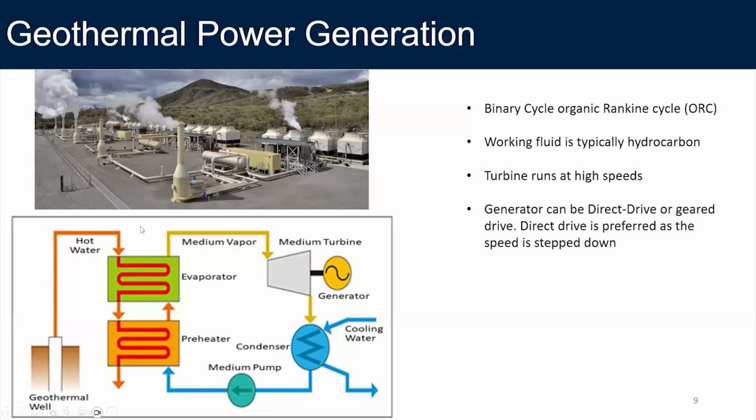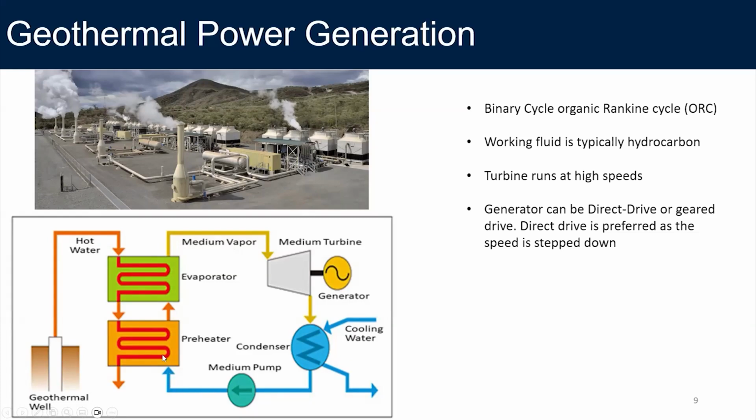So this diagram shows the process. We have the geothermal well water. Water is pumped through this heat exchanger or evaporator, and the blue line here shows the working liquid, a hydrocarbon based liquid.